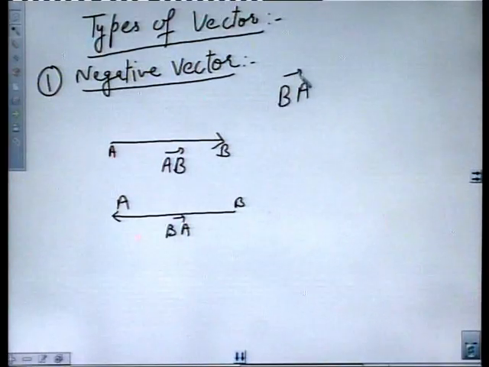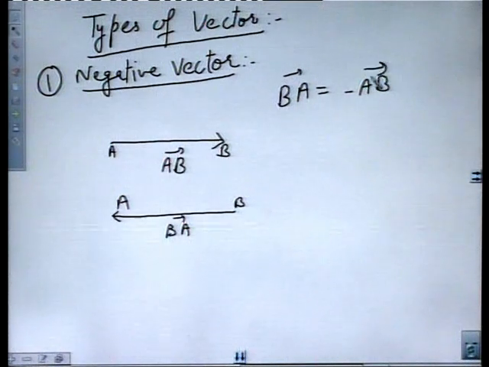BA vector is equal to minus AB vector. Any vector which has the same length as that of the original vector but the direction is opposite is known as negative vector.